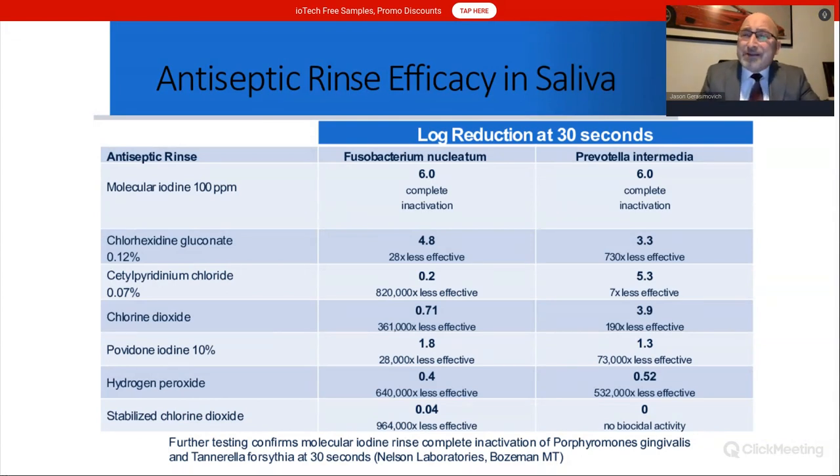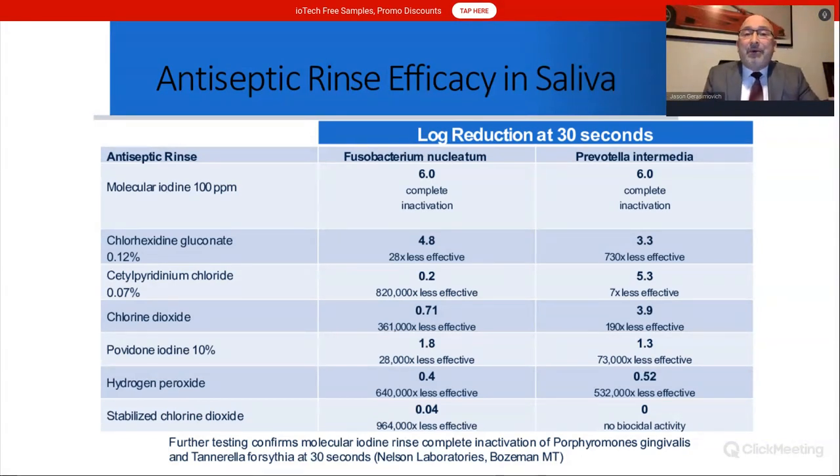Chlorhexidine is a class 1A carcinogen. Class 1A means it was studied with humans, and you'll also notice that with chlorhexidine, it stains. It can't be used long term, and it's really not great for implants. Actually, it's horrible for implants.